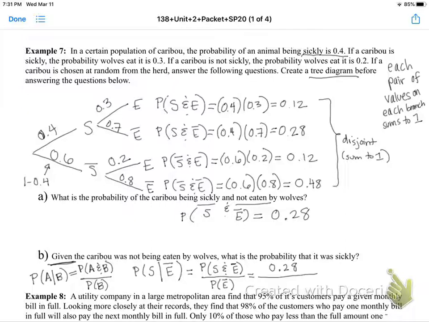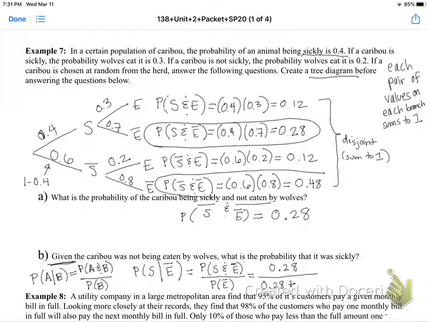The first way is that it was sick and not eaten, like we said before. But because these are all disjoint, we can add them together. The next way for the caribou to not be eaten is somewhere up here in our tree diagram, this was the first one we found. And in the very last line, you can see that we also have another way caribou can be not eaten. So we need to fill that in our denominator as well.